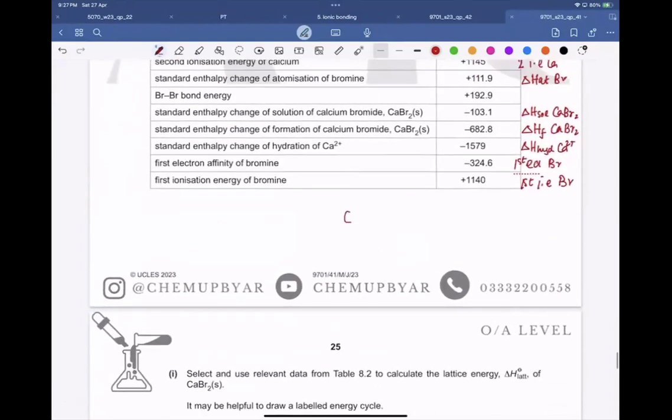As they have asked you about calcium bromide, if you look at the oxidation states of these elements in calcium bromide, calcium is 2+ and bromide is -1, and there are 2 bromides. So as it's a -1, this is not needed.